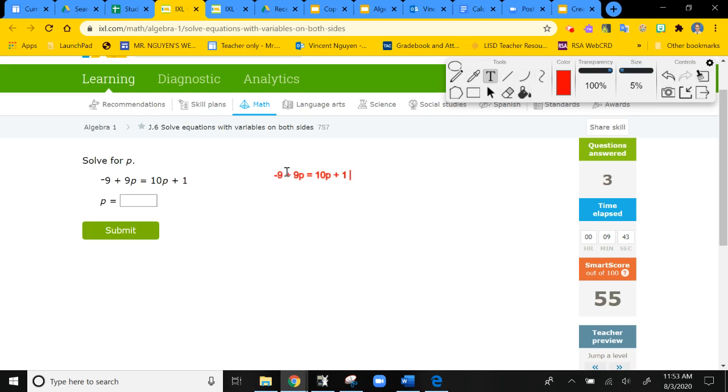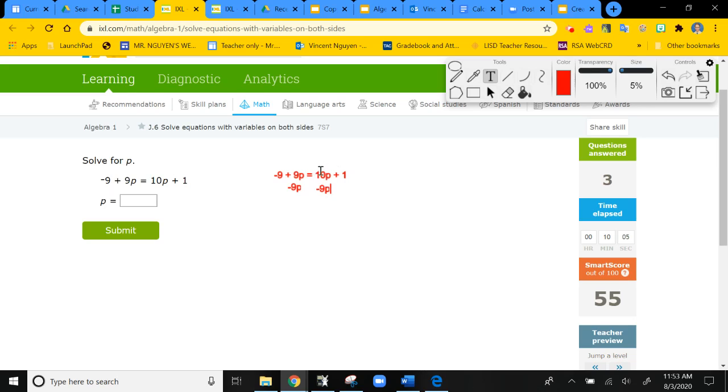All right, so the smaller variable is 9p. I'm going to show you both ways here, okay? So the first thing I'm going to do is take away this 9p, so subtracting 9p on both sides, right? That's what we do, okay? And then look at the numbers. They're on both sides.